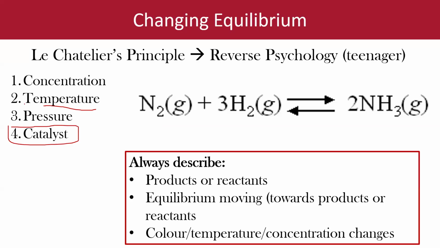Farhan, do you know what happens if I increase the concentration of nitrogen? Does the reaction move to the right? It will, because I've now got more of that. That makes sense. Zishan, if I increase the temperature, what happens?